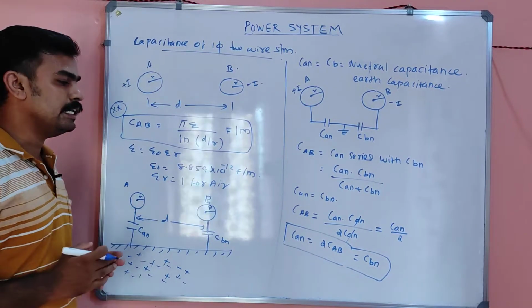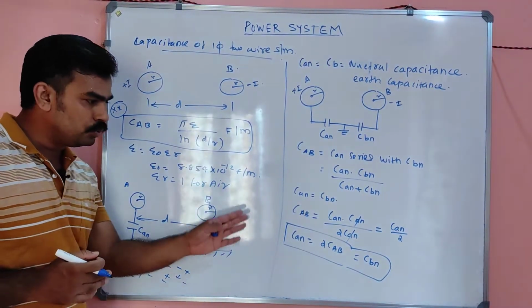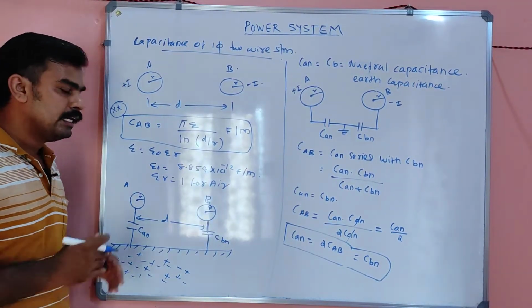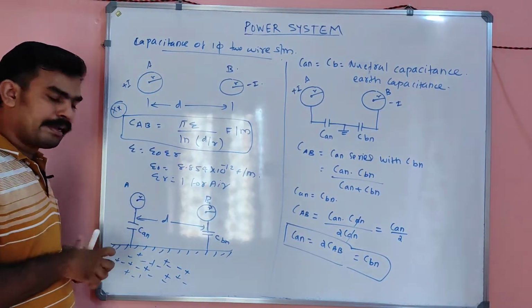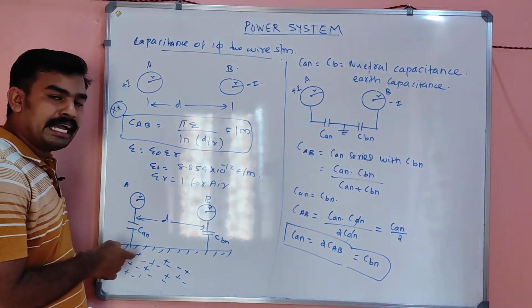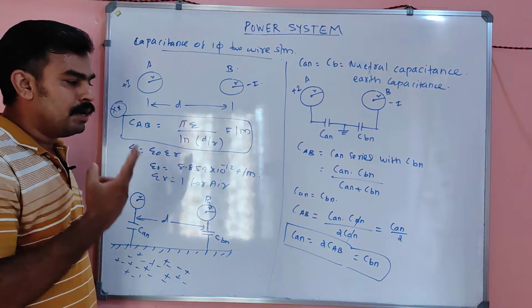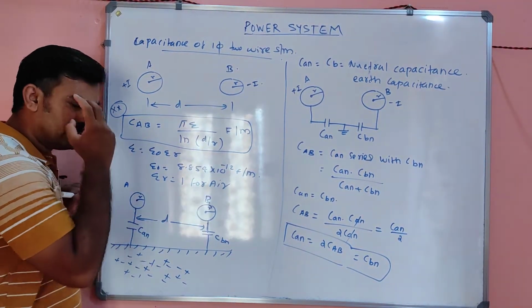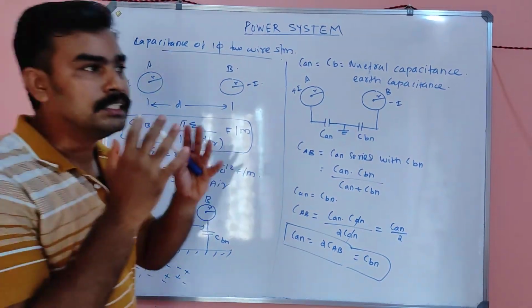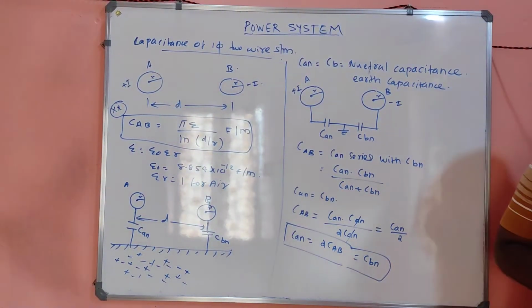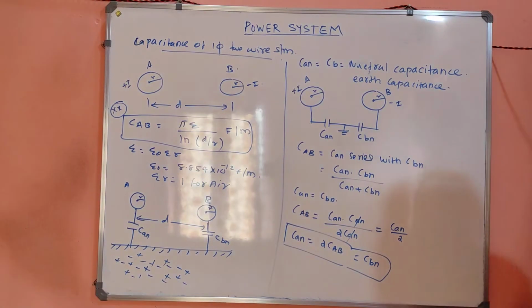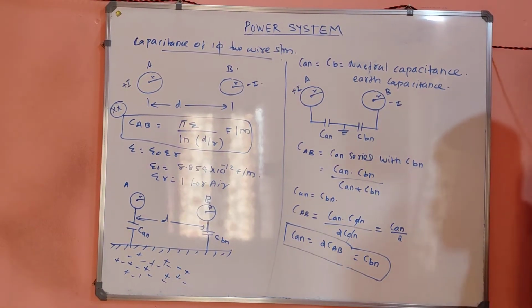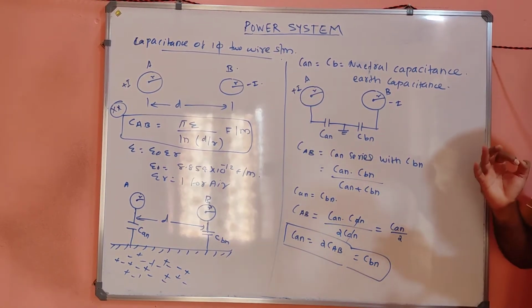So CAN equal to CBN equal to 2 times CAB. That means the neutral capacitance, or the conductor to earth capacitance, is double that of the capacitance between the conductors. That is a very important conclusion from this equation: CAN equal to CBN equal to 2CAB.